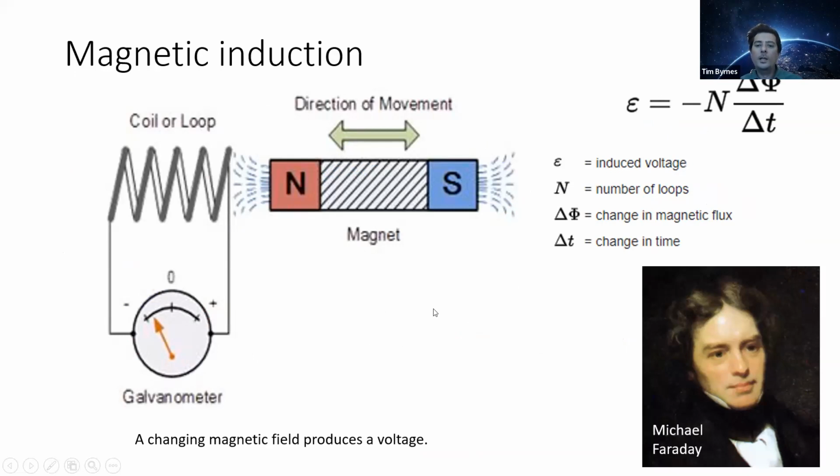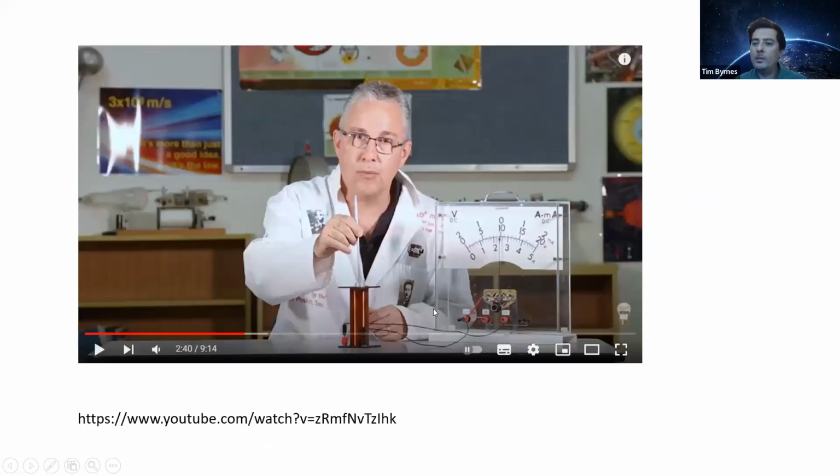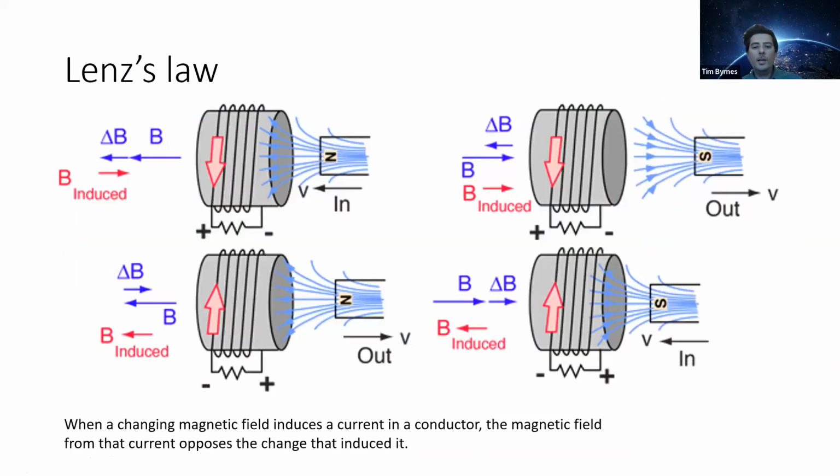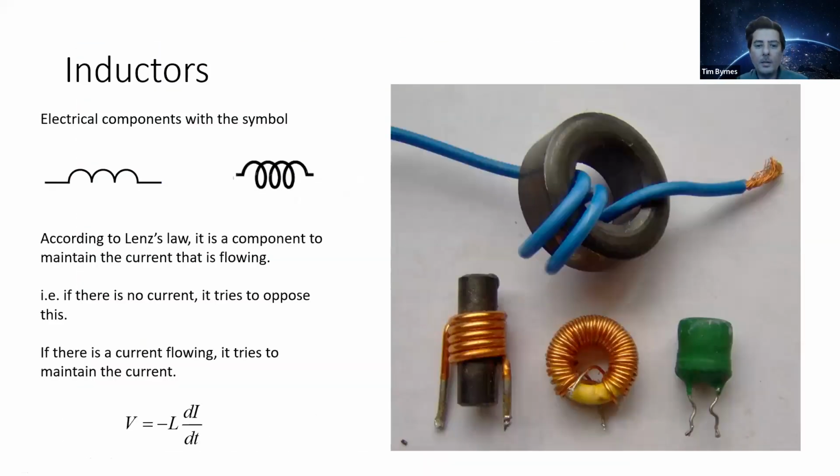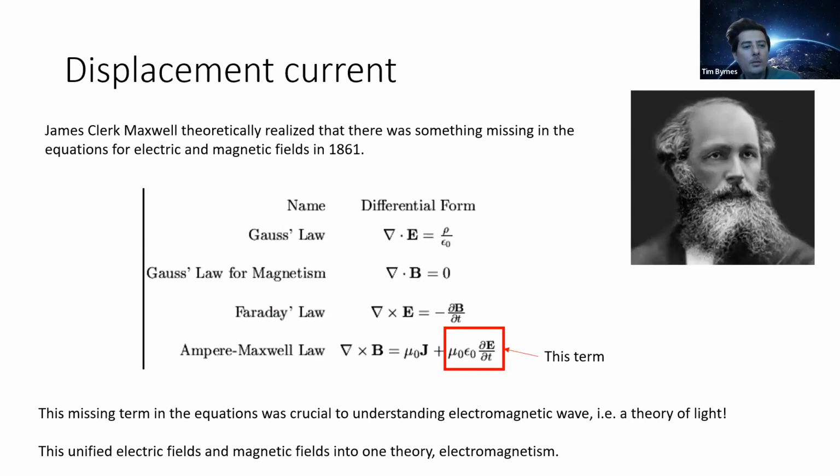Okay, so a changing magnetic field produces a voltage or an electric field, and there's a guy called James Clerk Maxwell. He's maybe one of the most famous physicists.